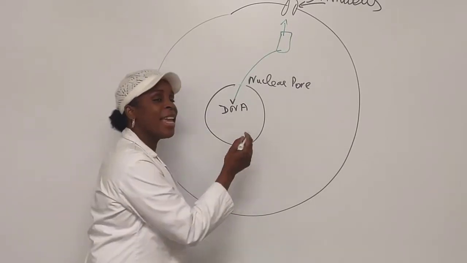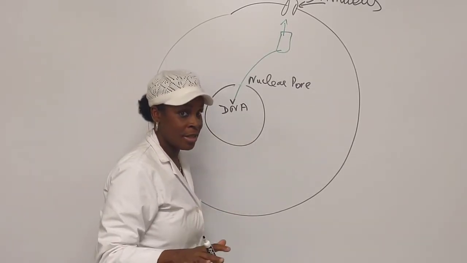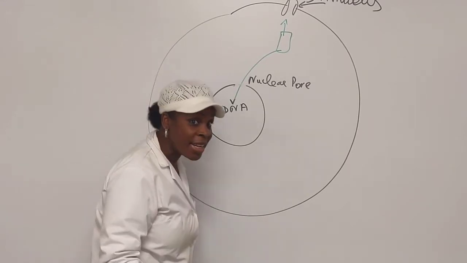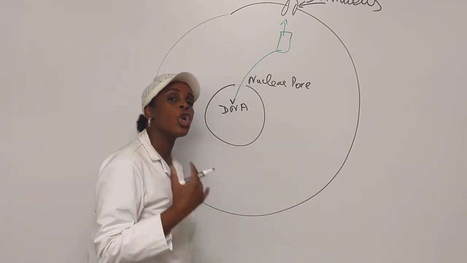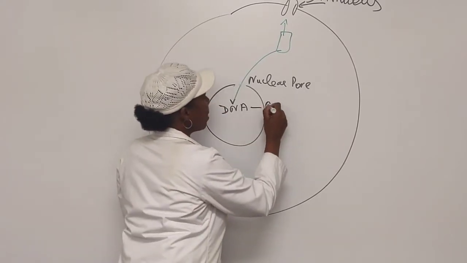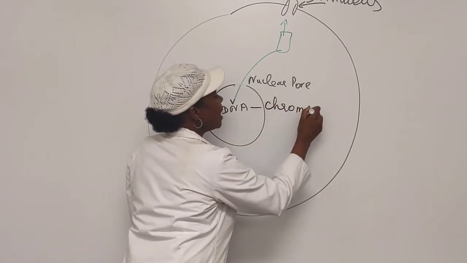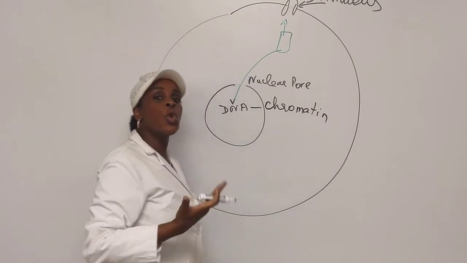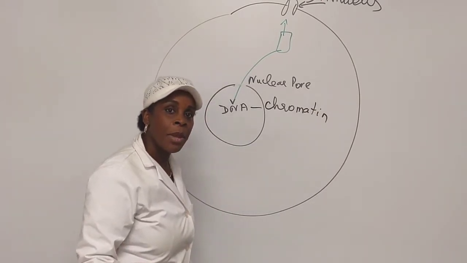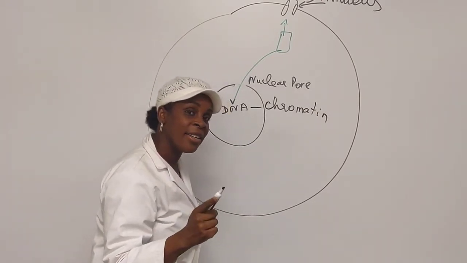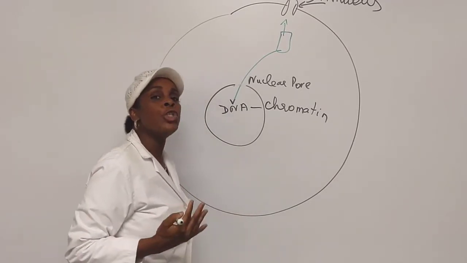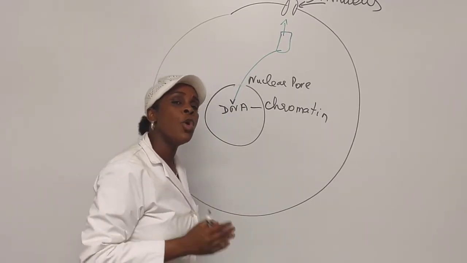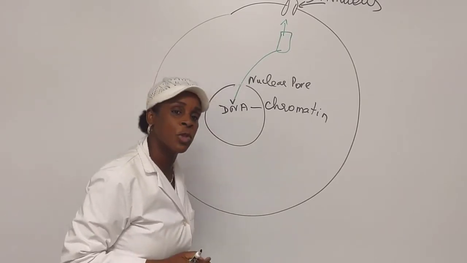And when the DNA is not organized, when the cell is not dividing, all the DNA together is called chromatin. What is chromatin? It's just disorganized DNA. But when the cell is dividing, the DNA organizes itself into chromosomes. And in humans, we have 23 pairs of chromosomes.